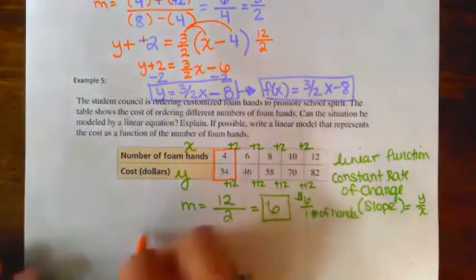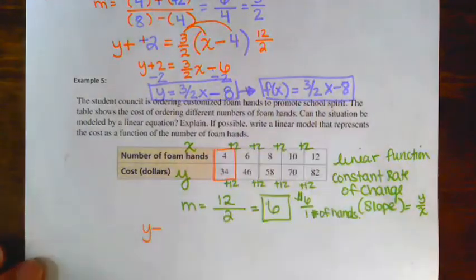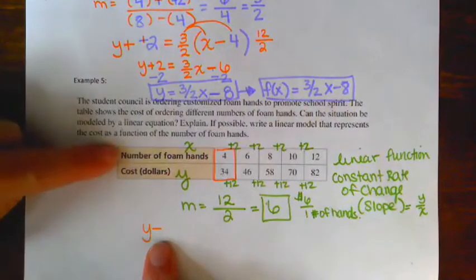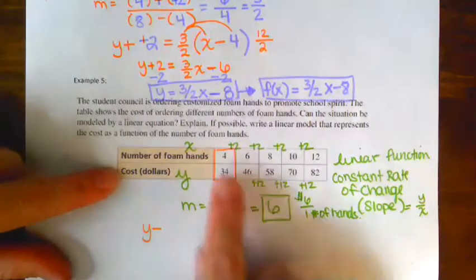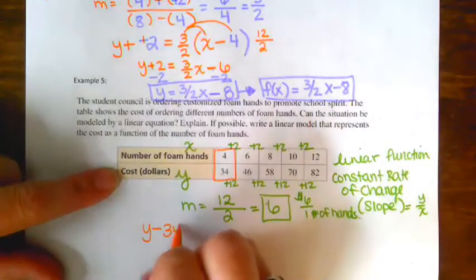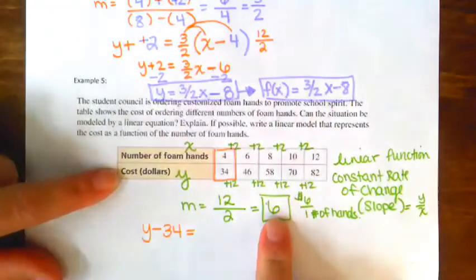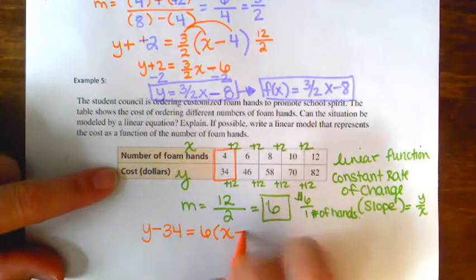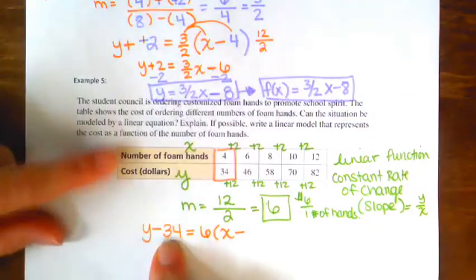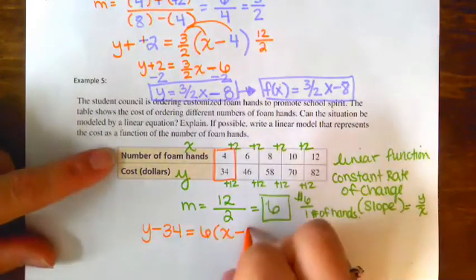All right. So y minus my y1. Now remember, y, is that my number of hands or my cost? Cost. So y minus 34 would equal, what was my slope? My rate of change? 6. 6 times x minus. So at $34, how many hands did I buy? 4. Right.